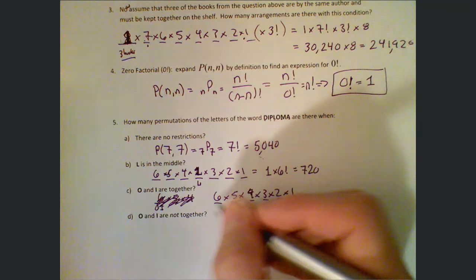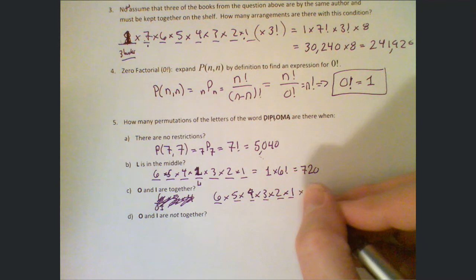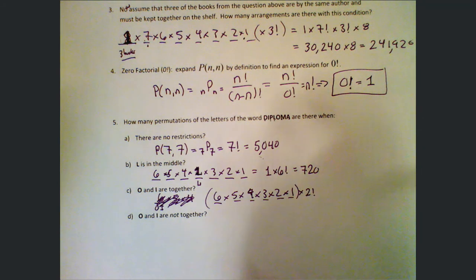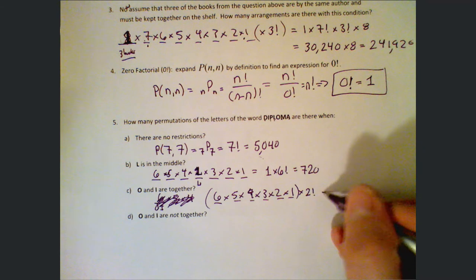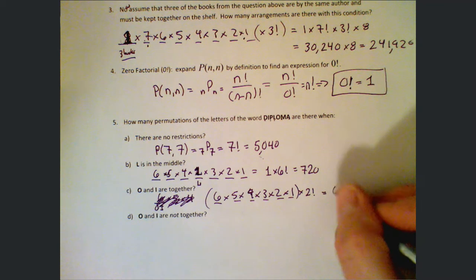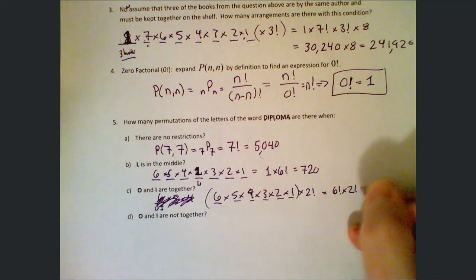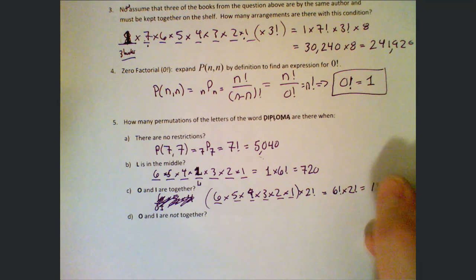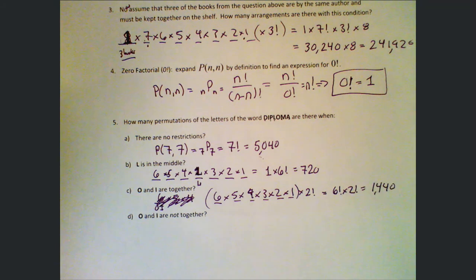Now, because the O and the I are together, we have to multiply this by 2 factorial, because for each of those arrangements, there are 2 different ways of arranging the O and the I. So it's 6 factorial times 2 factorial, which is 1,440 different arrangements of that.